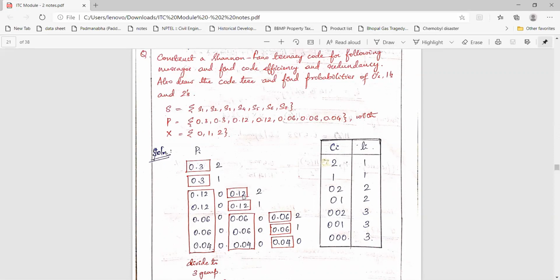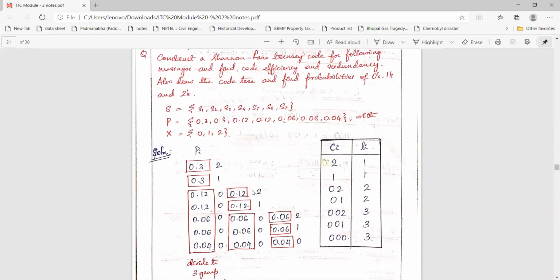So you can see 0.12 and 0.12 here, and let's add these three values, 0.06, 0.06, and 0.04, and find out what value we get. We get 0.12 plus 0.04, that is 0.16. This 0.16 is approximately equal to the other two 0.12s, isn't it? So we will divide the subgroup like this.